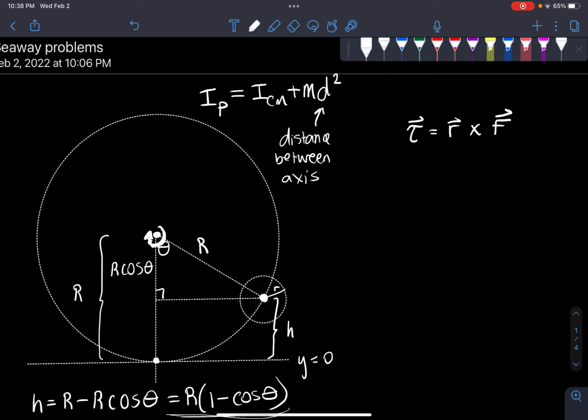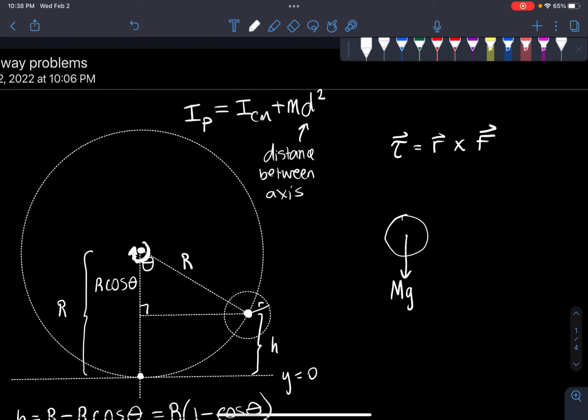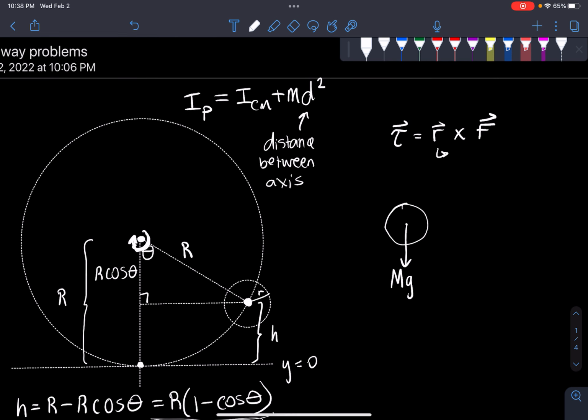Okay, so if we pretend this circle that I just drew is the big disk, then gravity acts on its center of mass like this, capital Mg. But the position vector extends from the axis of rotation to the point where the force is applied. So to the force.